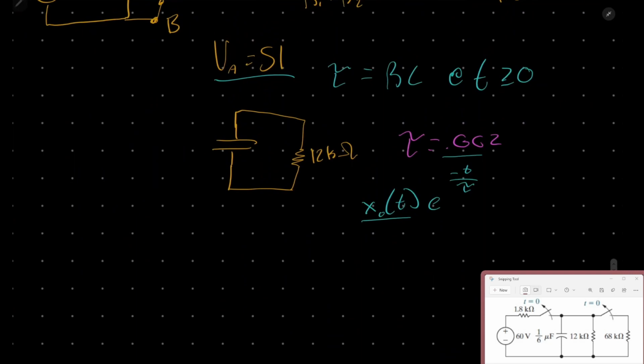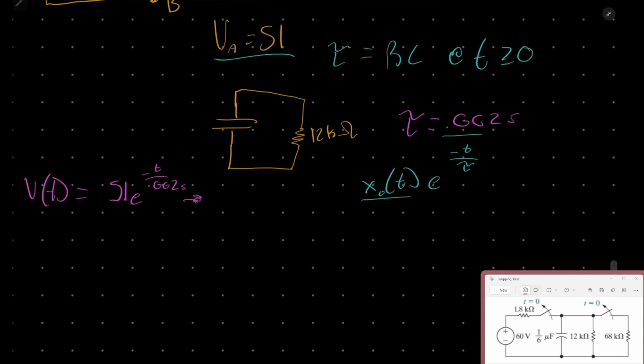So we are ready to write out our equation, which is v of t equals 51 e to the power of negative t over 0.002 seconds. Because remember, tau has units of seconds.